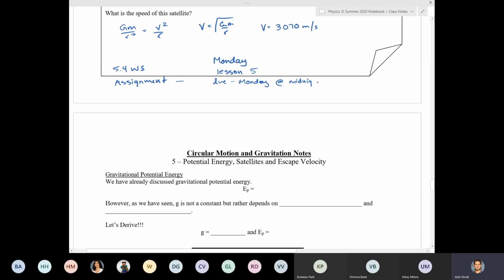I'm making sure that you get as much of it done now as you can, so that on Monday you'll only have a few questions left, only the energy questions. Do it at midnight, and then Tuesday we will do lesson 1 of electrostatics, and then the rest of the class will be review. Then Wednesday morning, I will post the circular motion test.